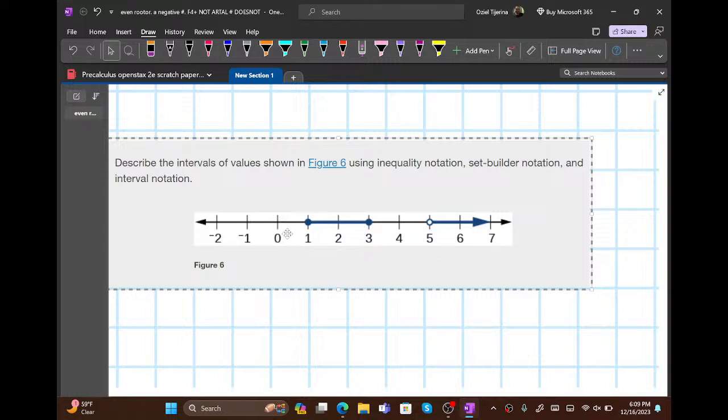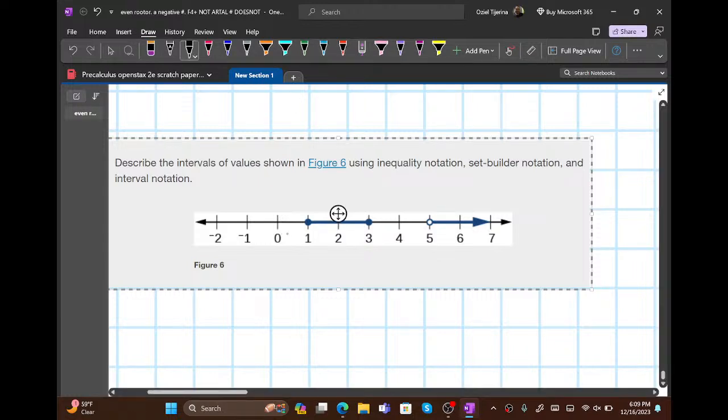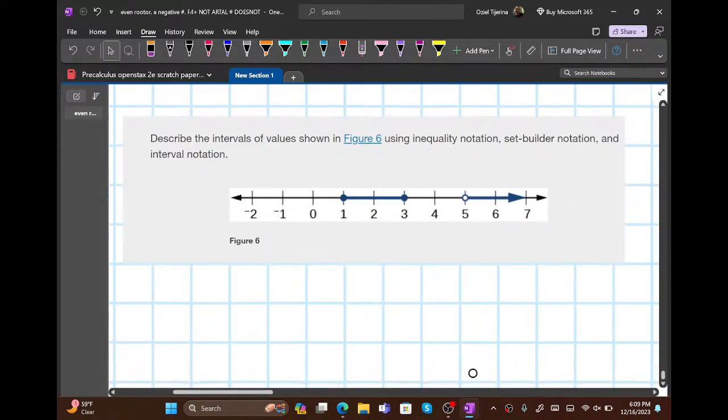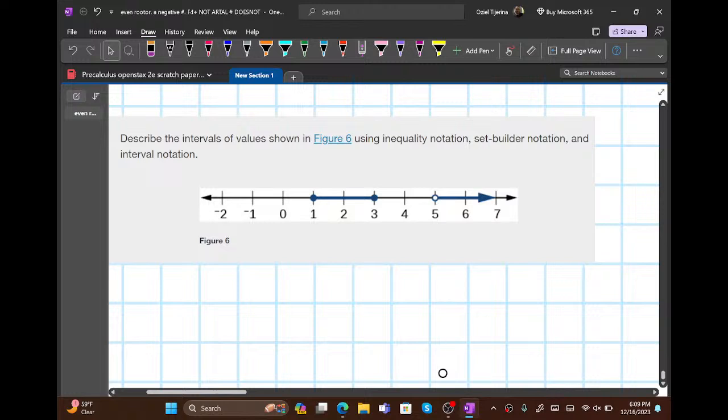I'm going to go over this. Here, we are given a number line, and it's asking us to put it in inequality notation, set builder notation, and interval notation.